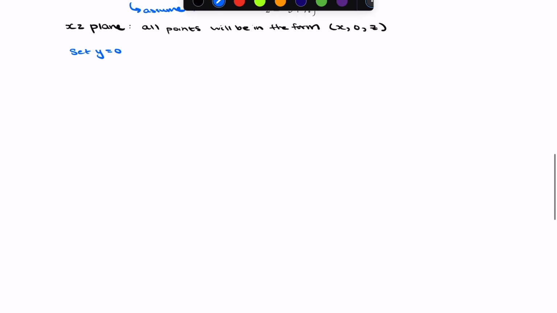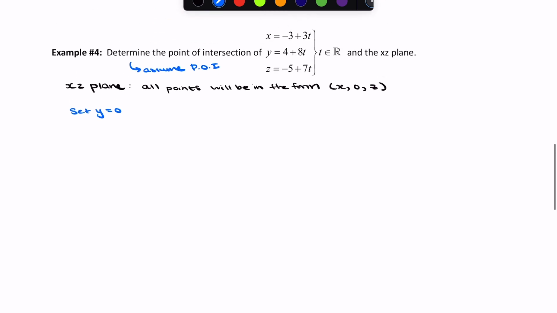If we set y is equal to 0, we can take the equation we have up here, and we'll have 4 plus 8t is equal to 0. So 8t is equal to -4, and t is equal to -1/2.